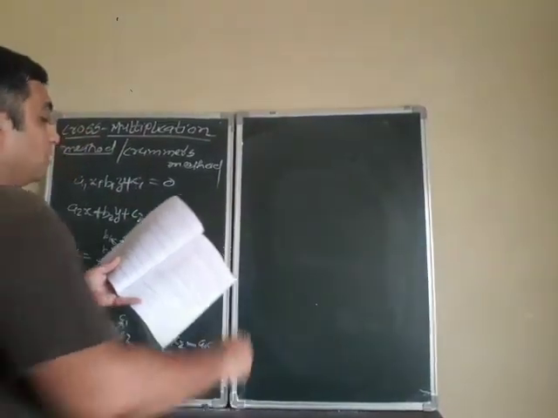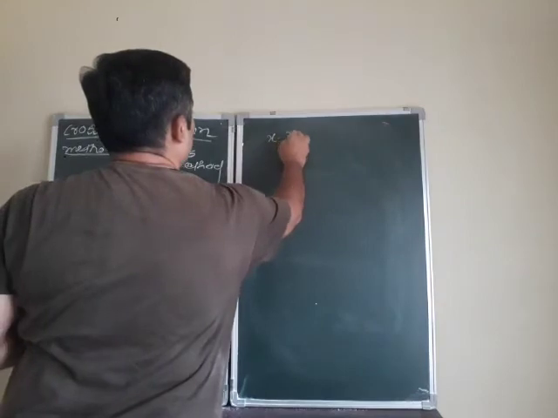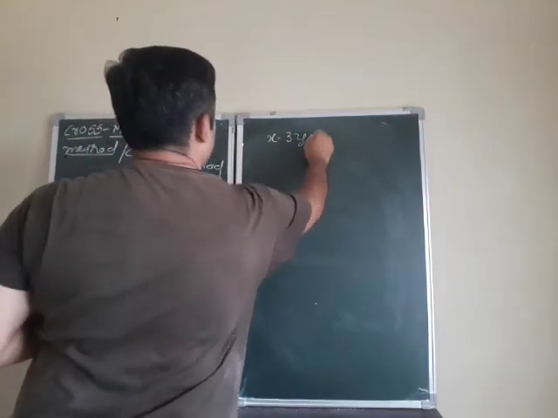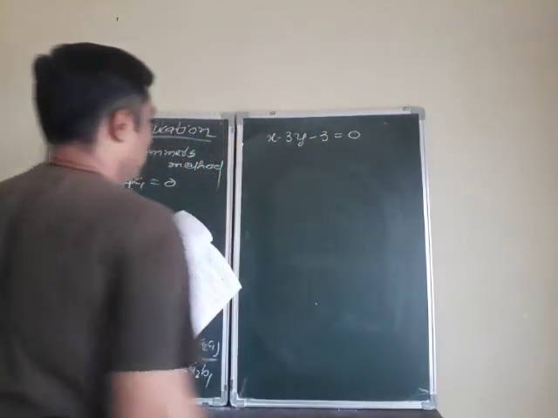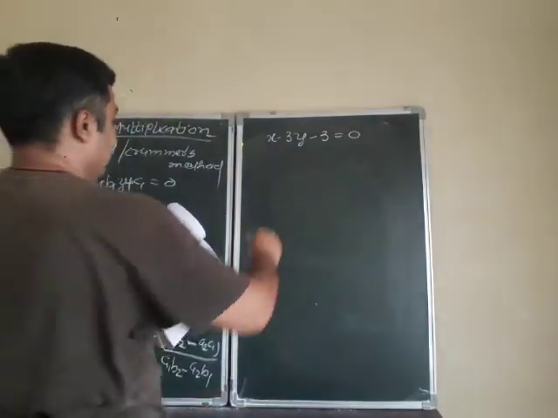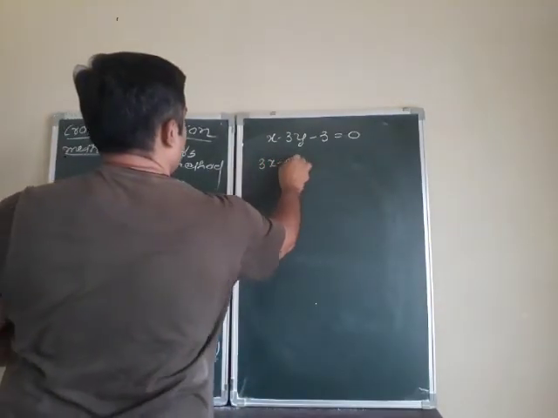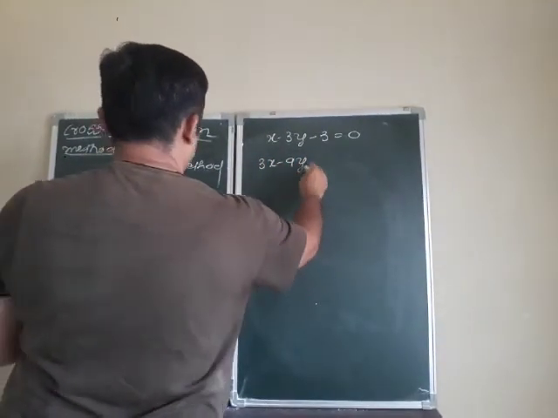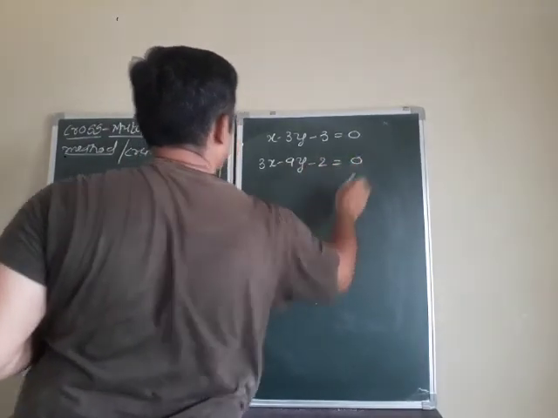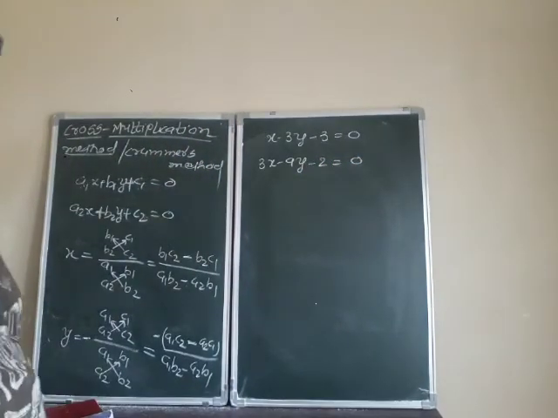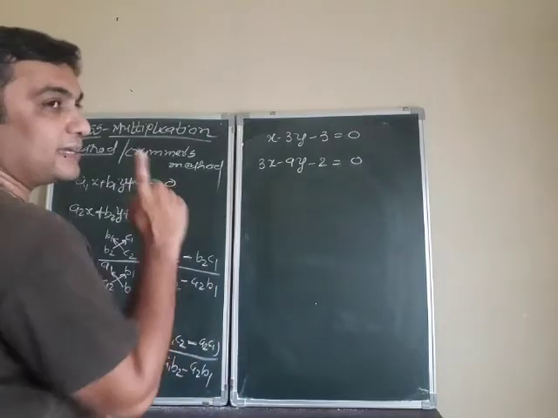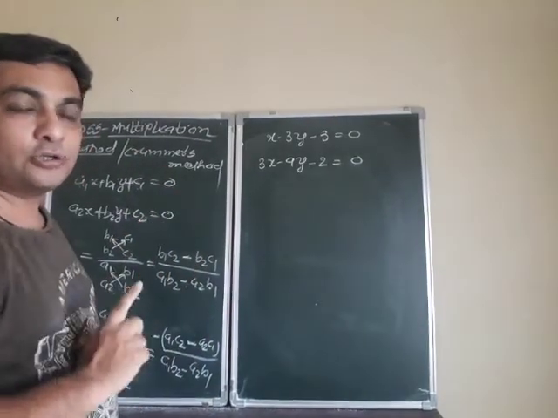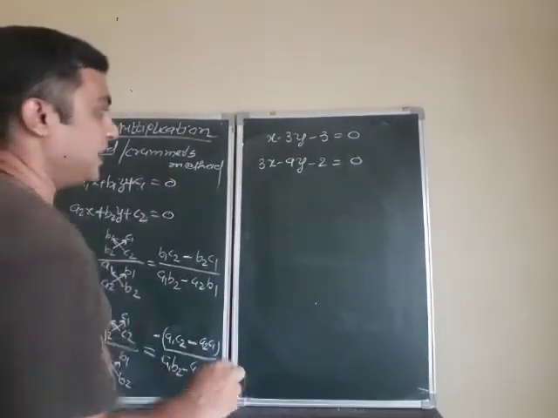चलिए, ready? So first is given x minus 3y minus 3 is equal to 0. Second is given 3x minus 9y minus 2 is equal to 0. चलिए, ready? So now let me see whether it has a unique solution, no solution, or infinitely many solutions.